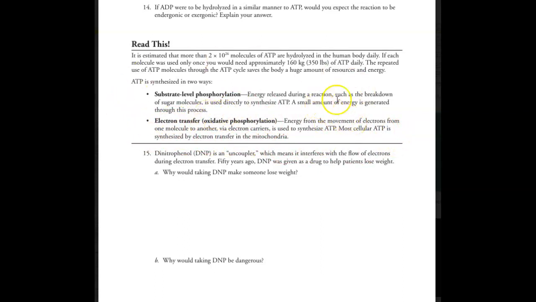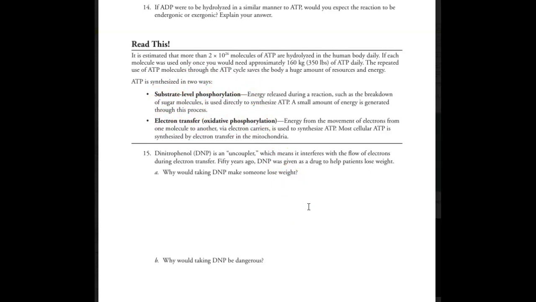And how do you do this? Through the breakdown of sugar molecules. So you're going to generate all your energy from your food being broken down. Your food's going to be used up as energy and not stored as fat. Or if you already have fat that's stored, that fat would get burned to do the substrate level phosphorylation. That's why it would help you lose weight.